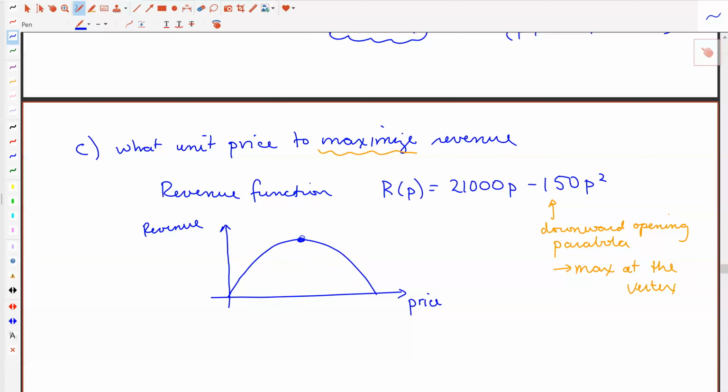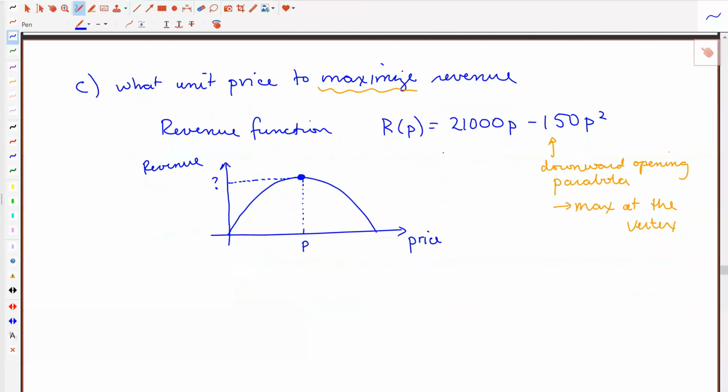Right here would be my vertex. What we're looking for here is what price p will maximize our revenue. And on the next question, we'll actually find what that max revenue is. Since we'll be maximized at the vertex, let's find the vertex.